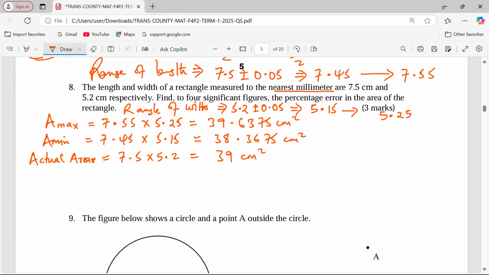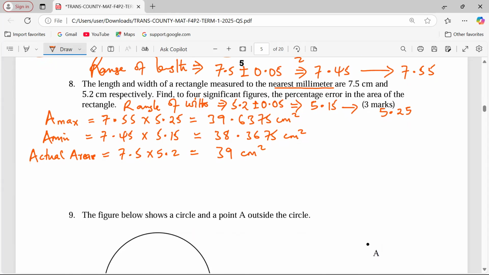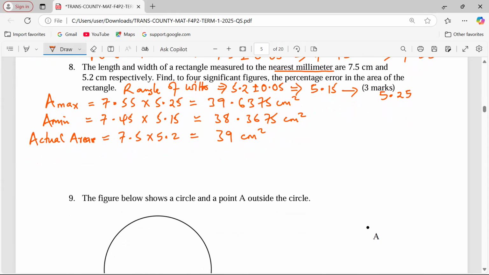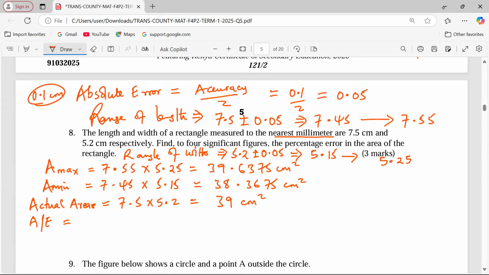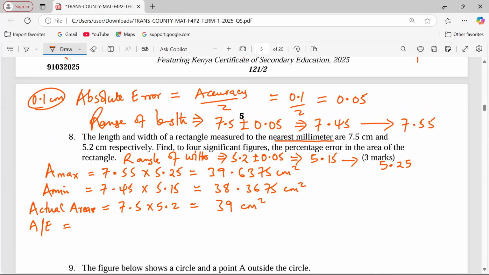Yeah, 39 square centimeters. Now, with all the areas, we can talk about what we call absolute error in the computation of the area. There is absolute error in recording, and now we have absolute error after carrying out operations.